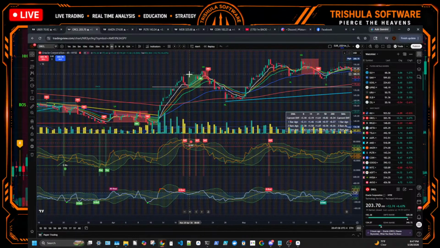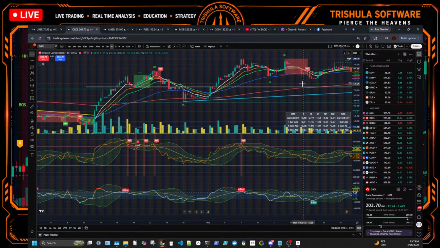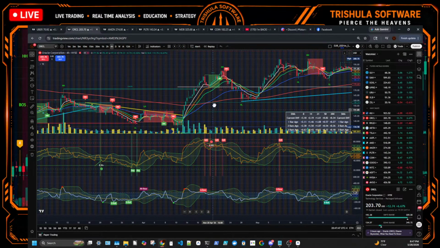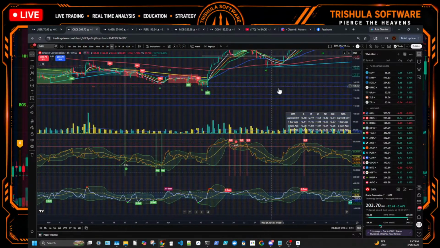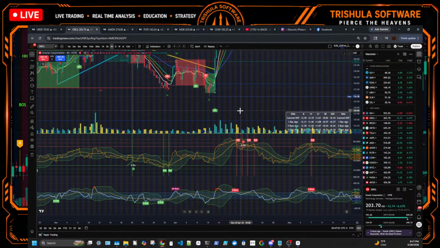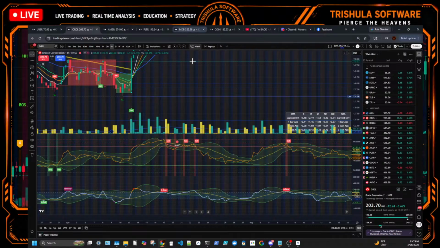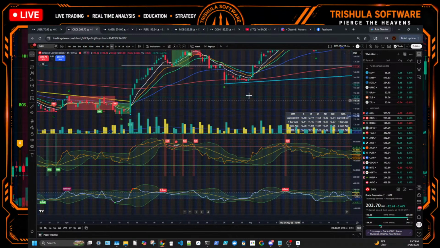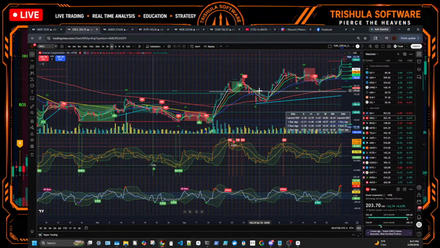Stocks trade level to level, and they break, bounce, or let me see if I can find a rejection candle somewhere, or reject based upon supply and demand.